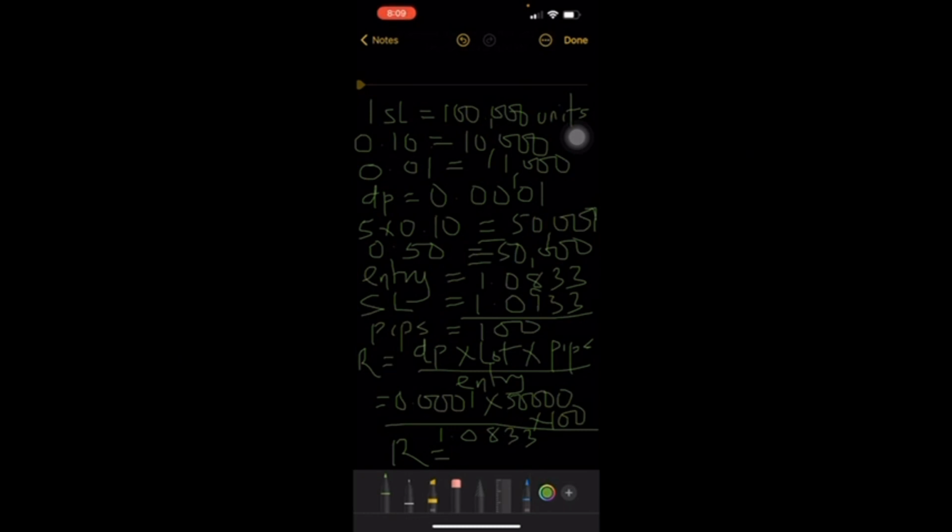Having outlined all this, I think you have done what you're supposed to do. This is the correct format for you to know what you are hoping to risk on that trade. When you do the mathematics, you're going to be risking 461.55 USD.